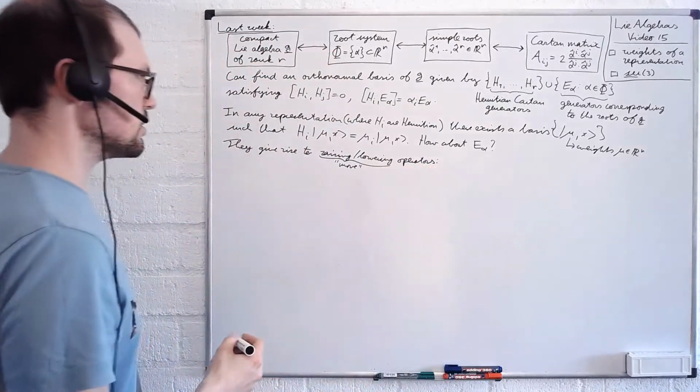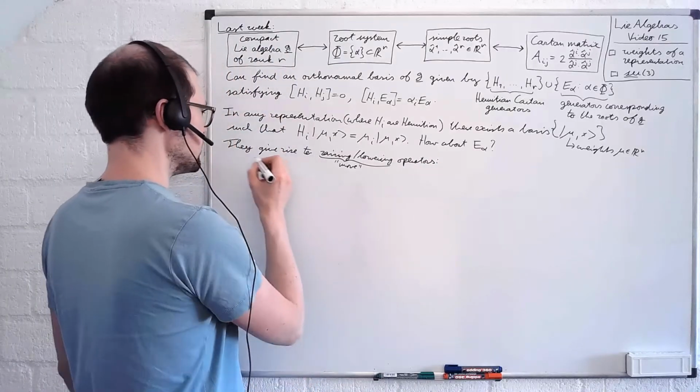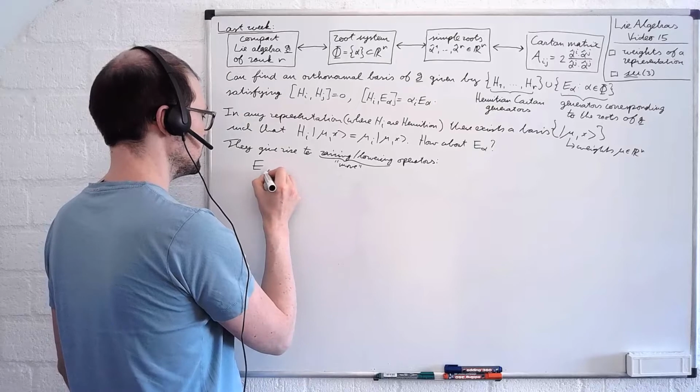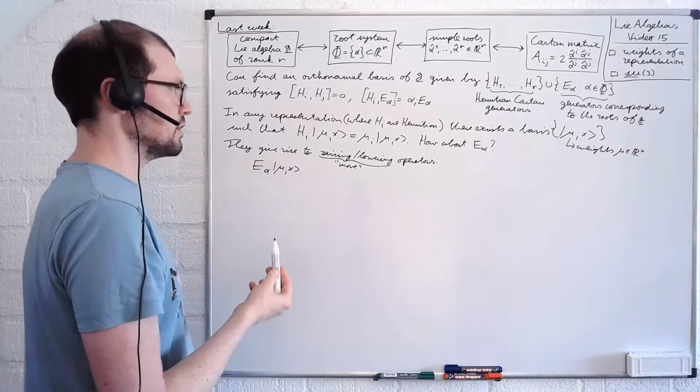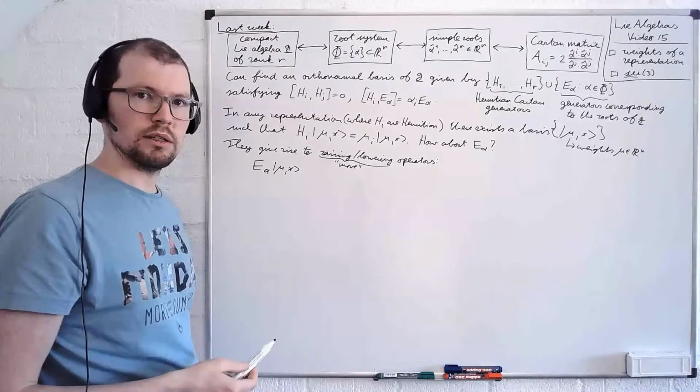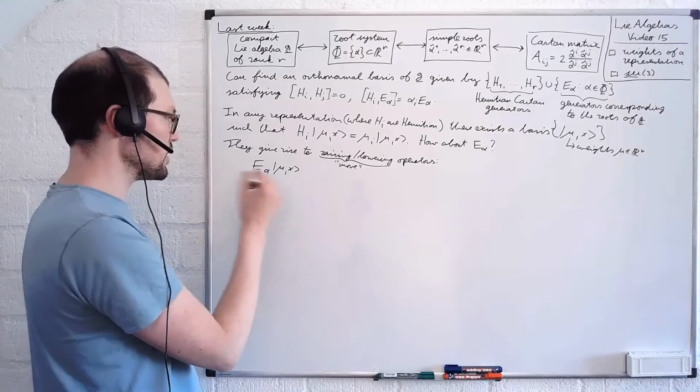in the sense that if I look at the state E_alpha acting on this, it is again going to be an eigenvector of the Cartan generators. Let's check this.